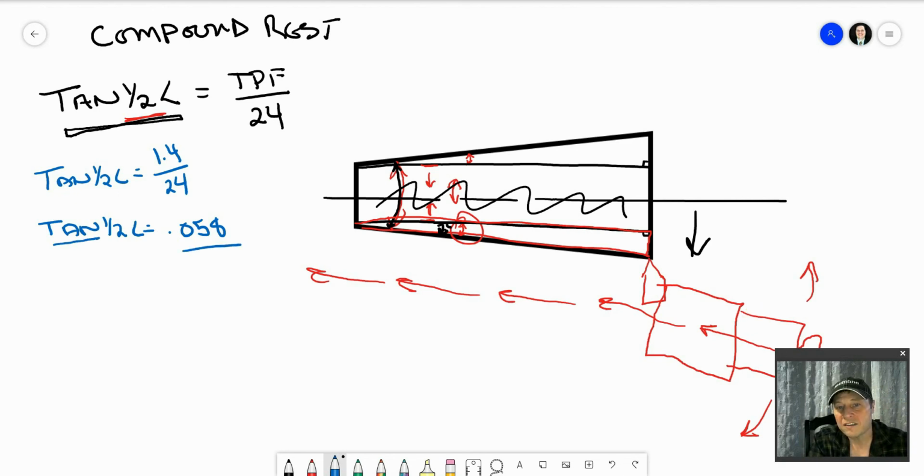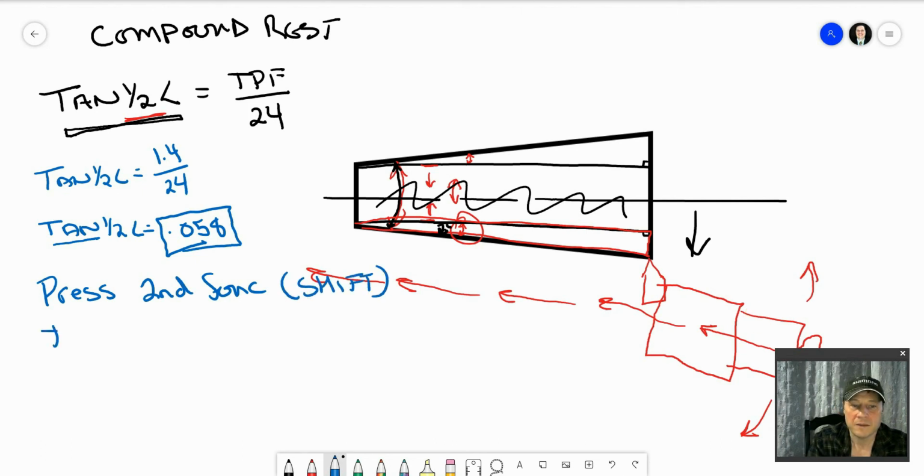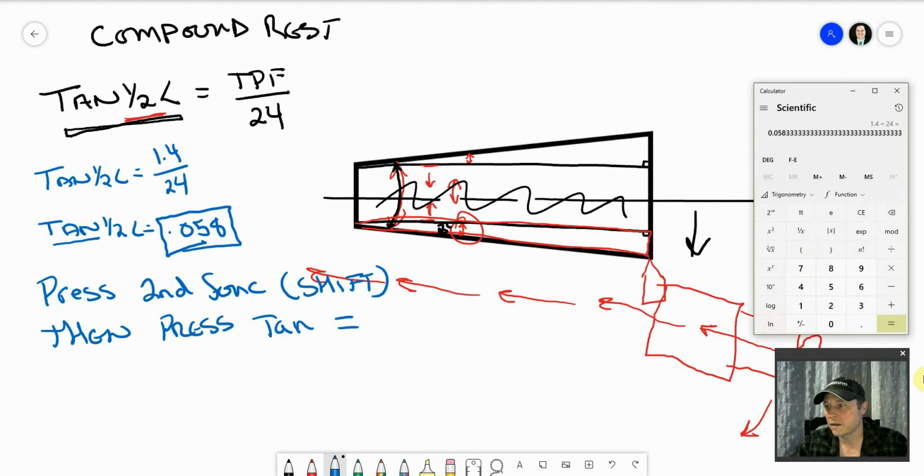So while 0.058 is in your calculator, just press the second function button, or it may be shift, okay? Then press tan, equals. Okay, so let's go to our calculator. Do I have the trig functions here?